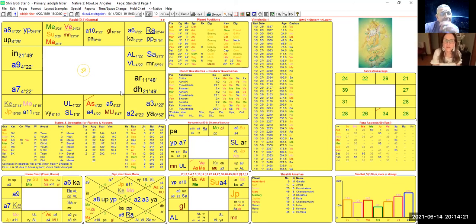In 1923, he enters his Mars Mahadasha, like Ravana, he had some good qualities, unfortunately very wrong. His Mars is in its own sign, which is terrific, but it's also in Dhanishtha, so it's also reflective of Dhanishtha Nakshatra.